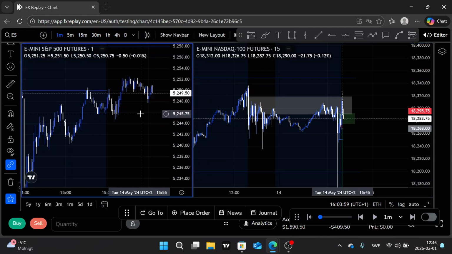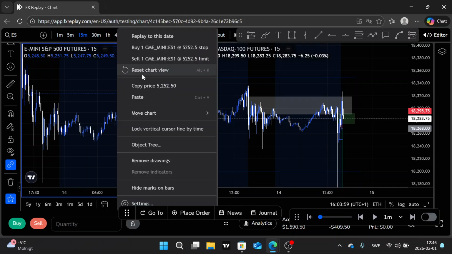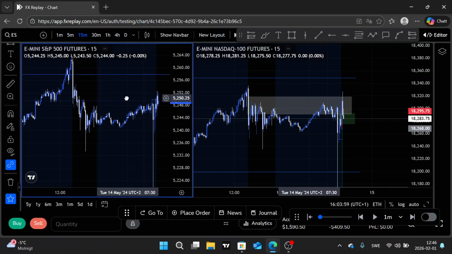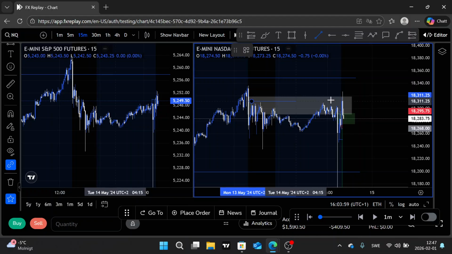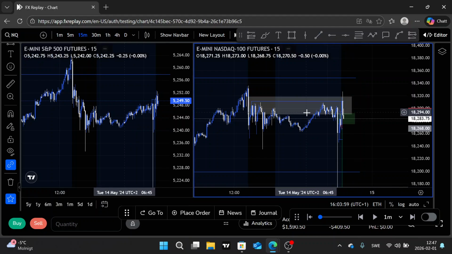You know what the problem is? I think I know what the problem is. The problem with this trade was that we didn't wait for this internal liquidity that needed to be taken.